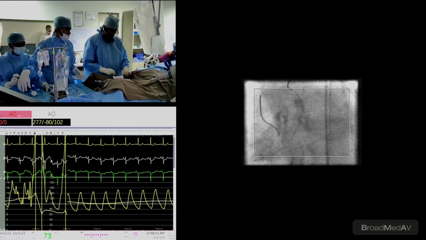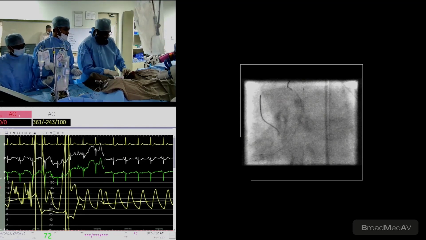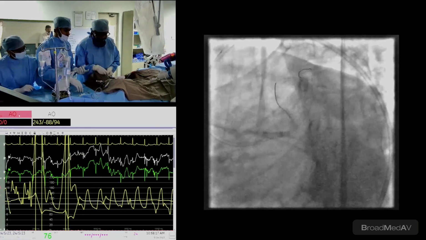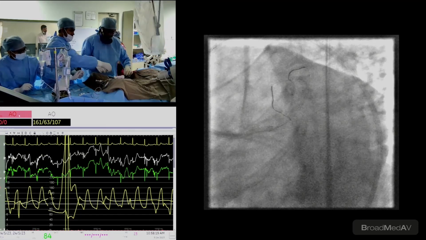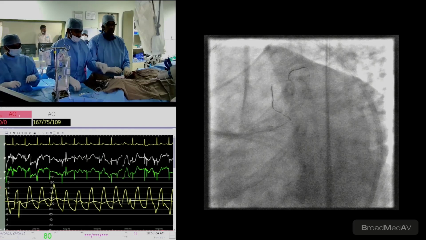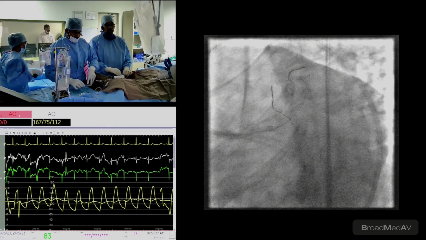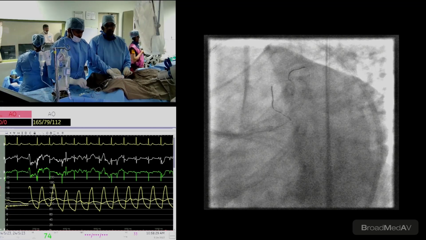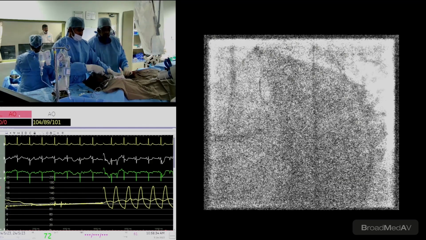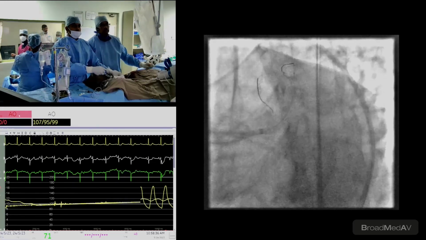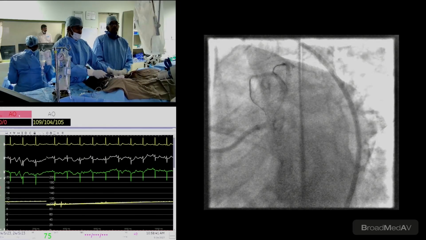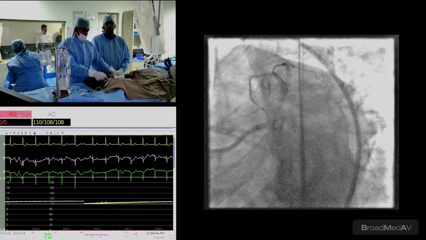You will give some nicorandil, then check. Give some nicorandil, please. It's just to get the diagonal open now. It's getting better.